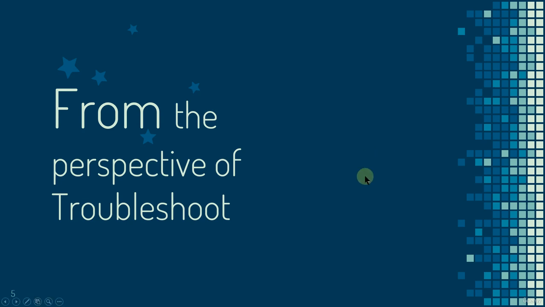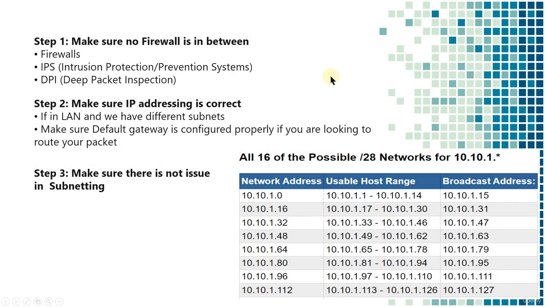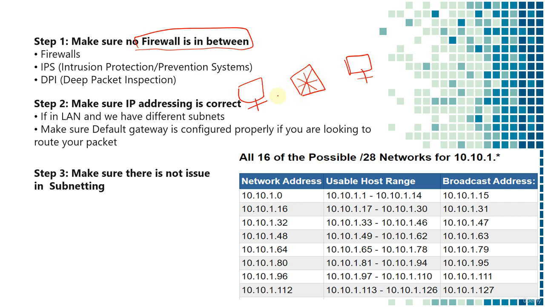So let's talk about IPv4 from the perspective of troubleshooting. Step one, make sure no firewall is in between. When two computers, let's suppose this is one computer and this is another computer, want to communicate with each other, let's say in between we have some kind of firewall device.